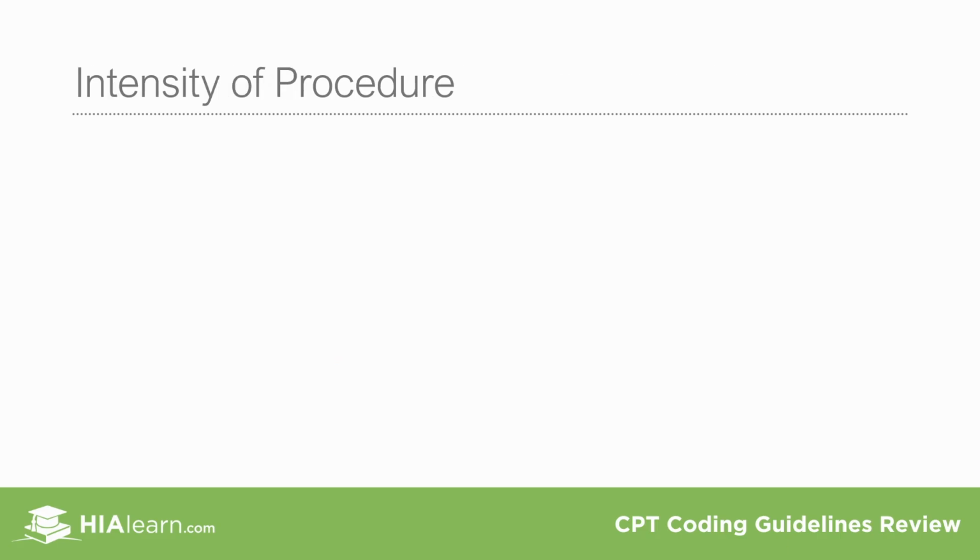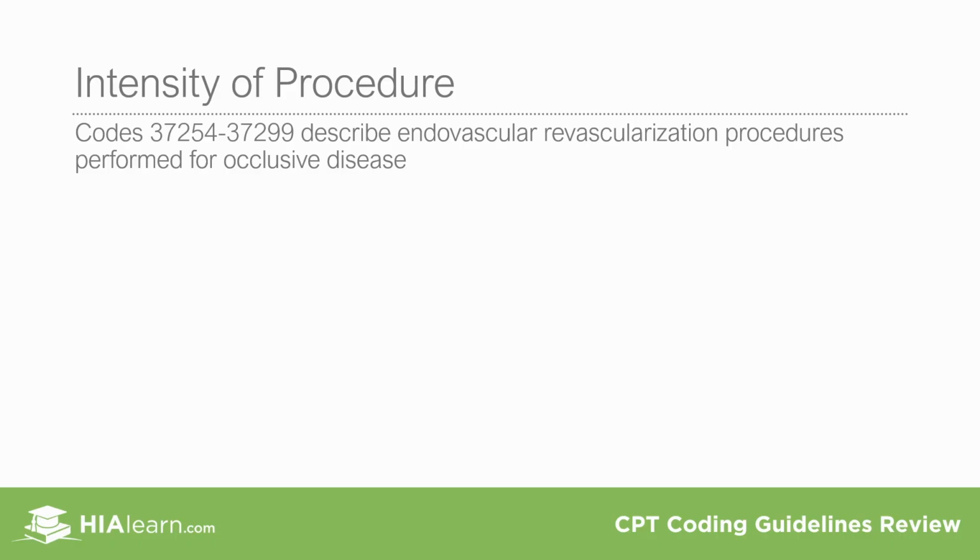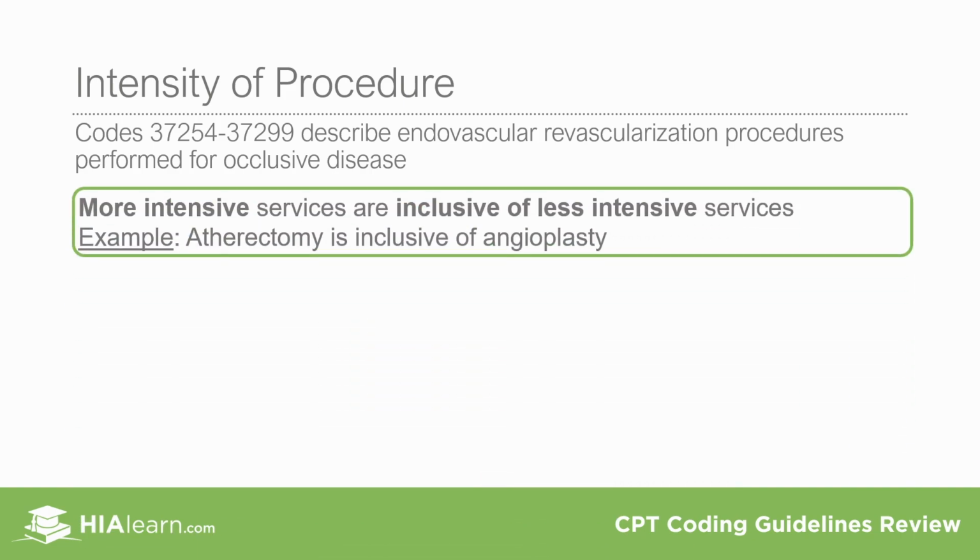Endovascular revascularization procedures performed to treat occlusive disease are reported with codes from the range of 37254 to 37299. These codes are built on progressive hierarchies where more intensive services are inclusive of services of lesser intensity.